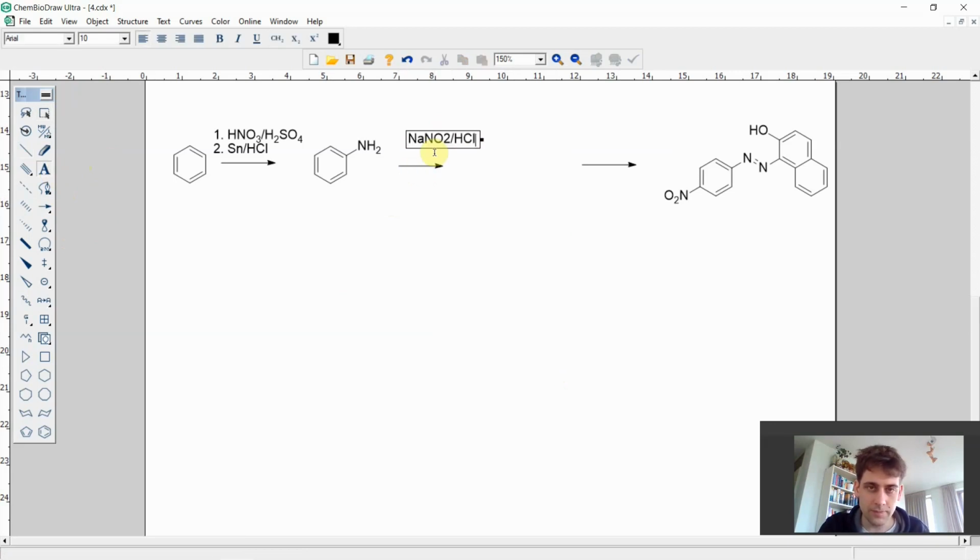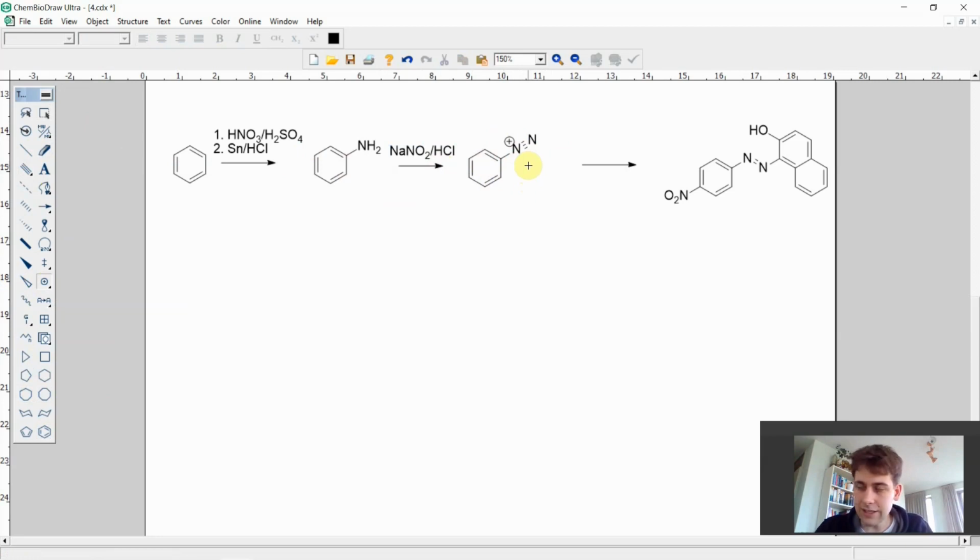So the sodium salt with hydrochloric acid, and then we are producing this molecule with the nitrogen-nitrogen triple bond. You can see that here and here, and we're having the positive charge. I neglect now the of course present chloride anion for charge neutrality reasons.